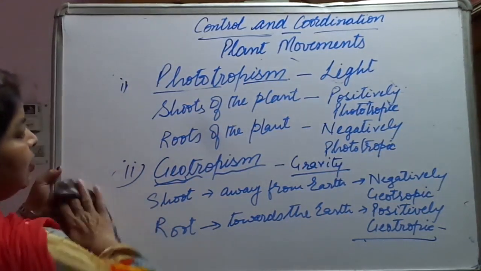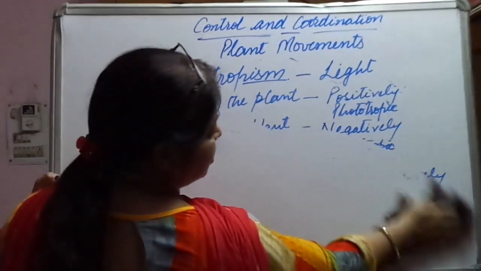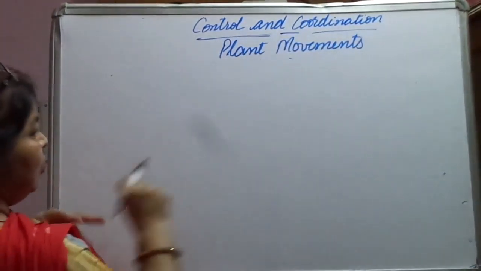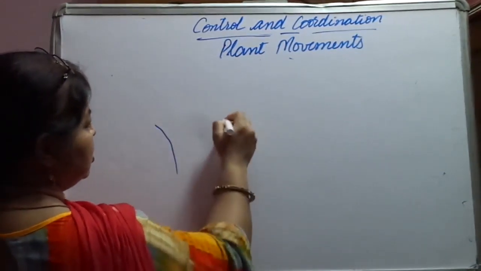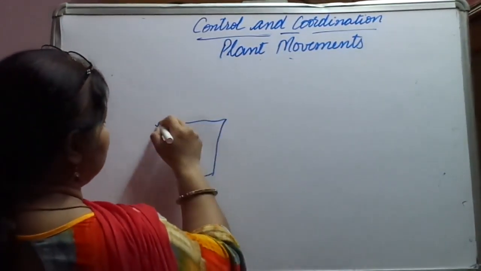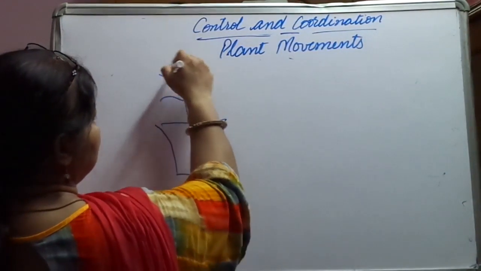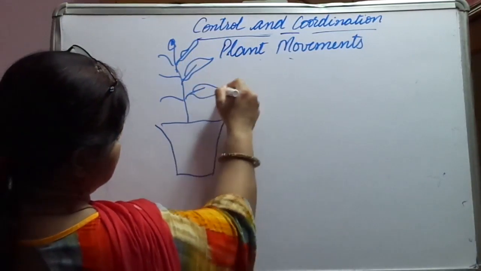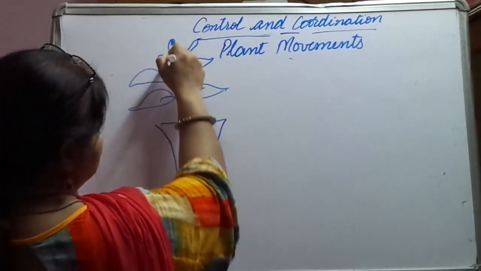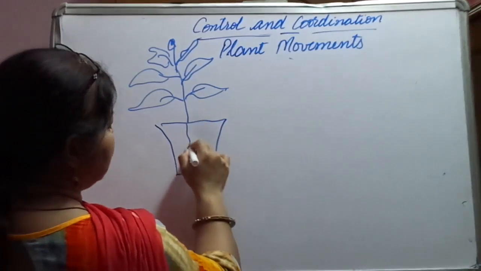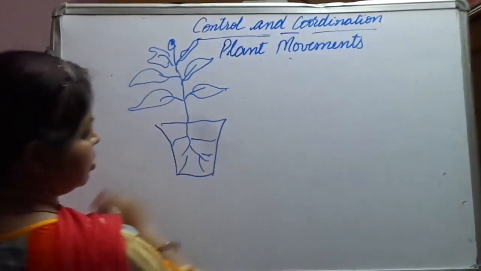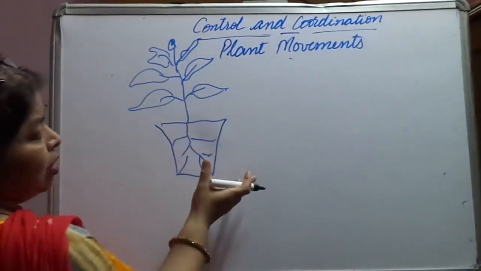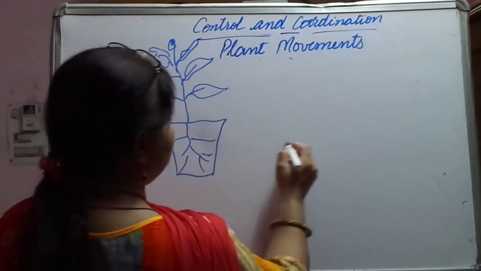So here is one activity also, like we discussed for phototropism. If we take a potted plant, the plant will show growth like this, and the roots are growing inside the soil. But if I tilt it, or lay it down in a horizontal position, then what will happen?